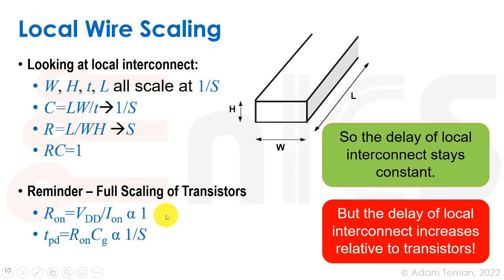The big problem with that is that when we go to full Dennard scaling of transistors, we get the fact that R on stays constant. It doesn't go up by S, and the TPD actually goes down by S. And that means that the delay of the local interconnect increases relative to the transistors, or at least doesn't scale the same way.